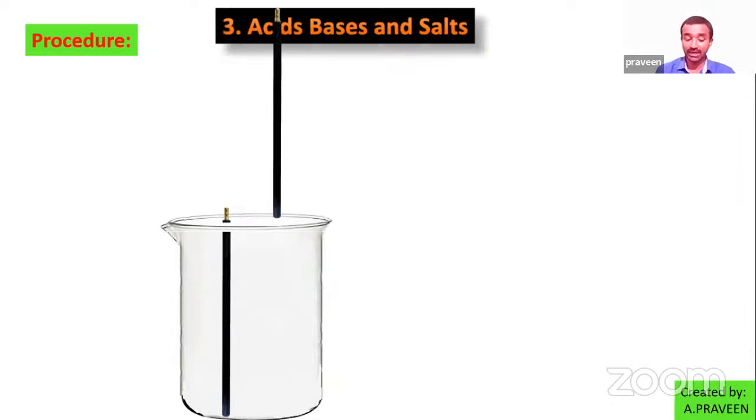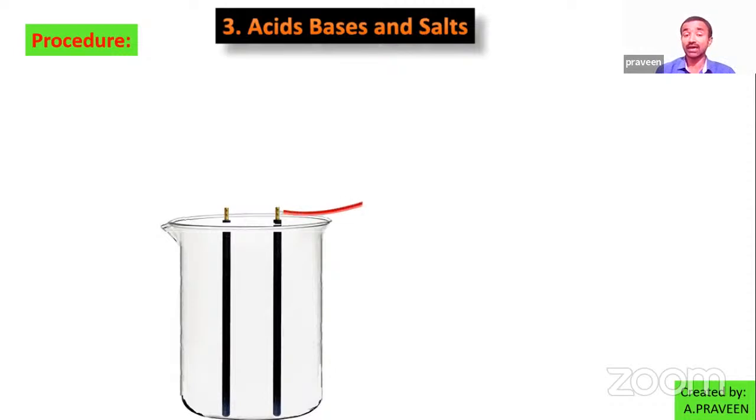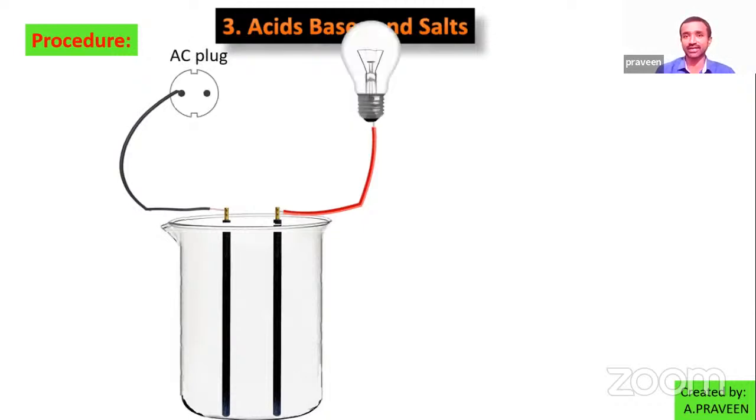Then connect the electrodes with the wires. One electrode is connected to the AC plug and the other electrode is connected to the bulb terminal. Then the AC plug's second terminal and the bulb's second terminal are connected through a key.